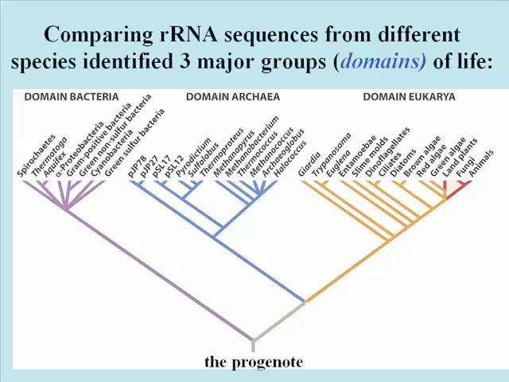One can even infer a reasonable base sequence for the small ribosomal RNA subunit for each of the ancestral species, including the progenote down at the bottom.